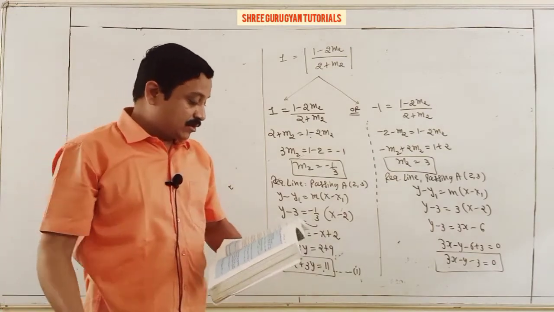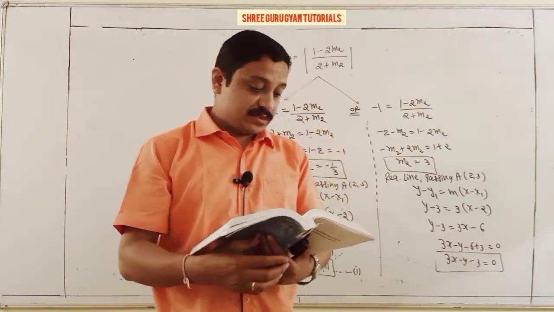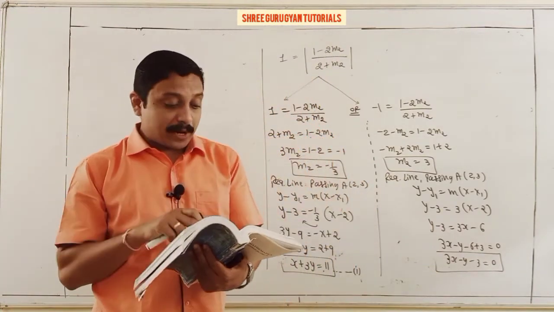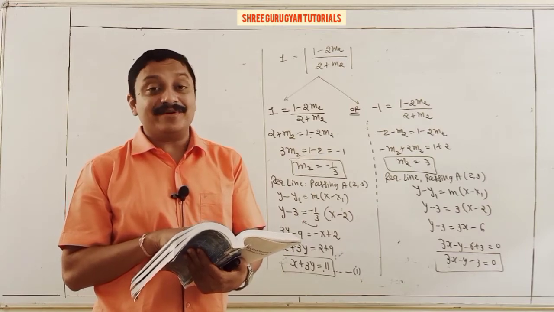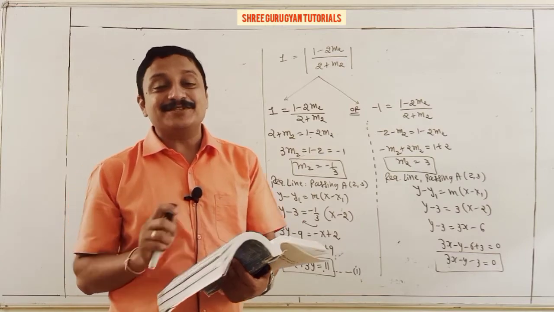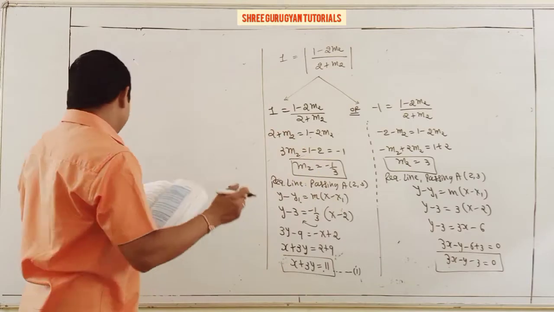Fourteenth one: in which ratio is the line joining (minus 1, 1) and (5, 7) divided by the line x plus y equals 4? So this is a unique sum.